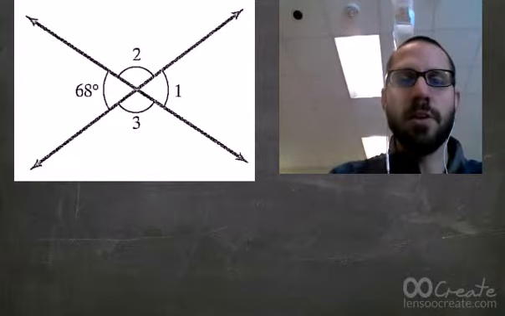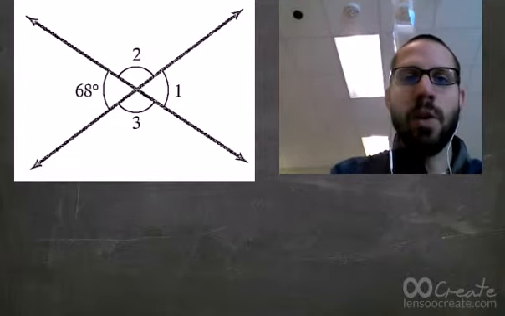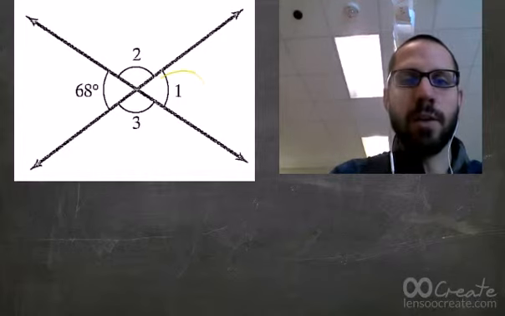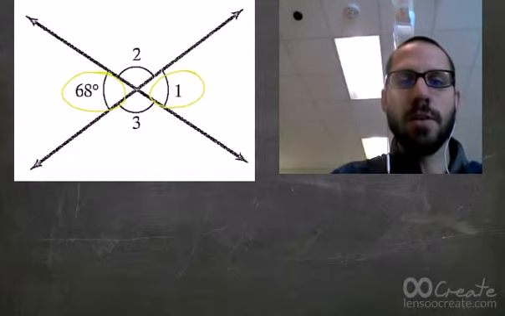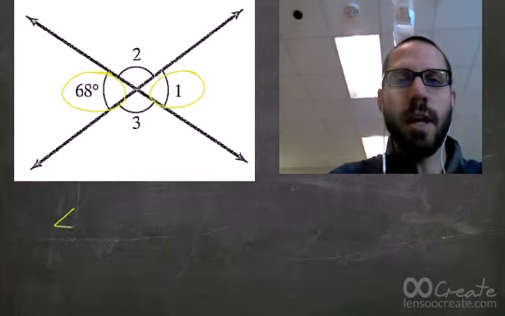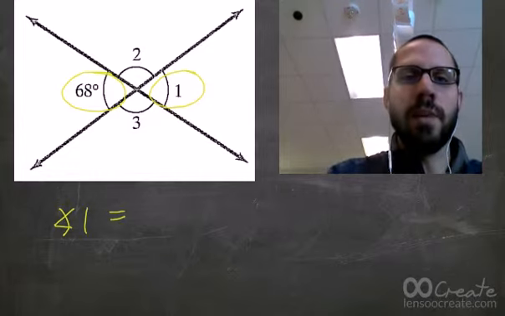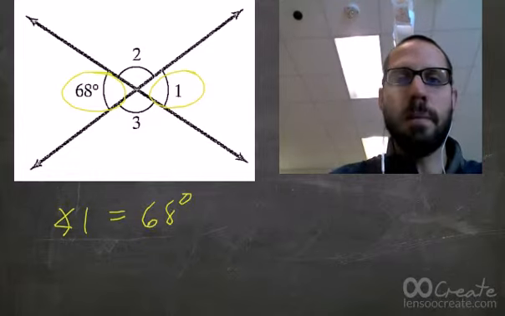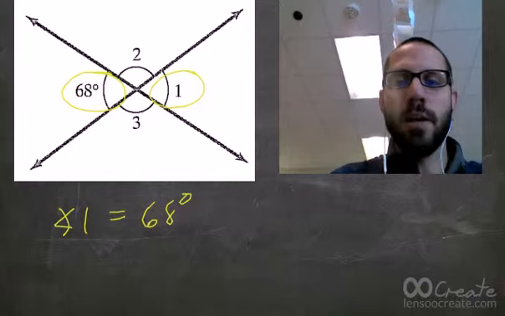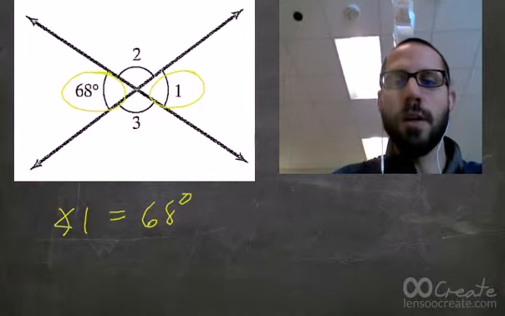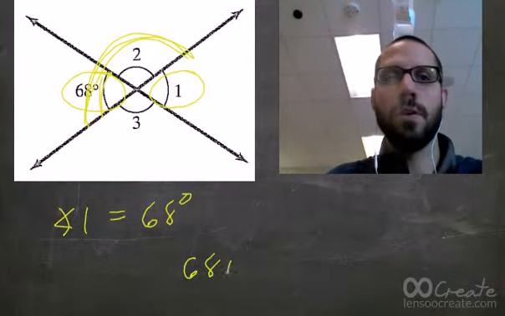Using our vertical angle definitions, let's solve for angles 1, 2, and 3. Angle 1 is vertical with our given angle, so angle 1 should equal 68 degrees. What's the relationship between our given angle and angle 2? They are supplementary, so 68 plus our angle 2 should be equal to 180.